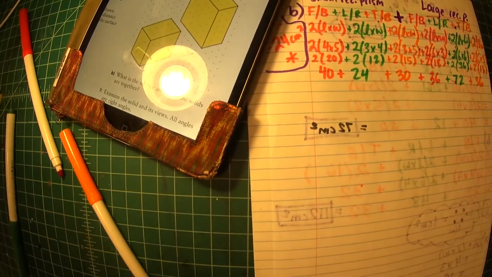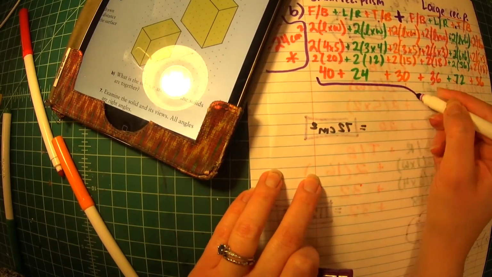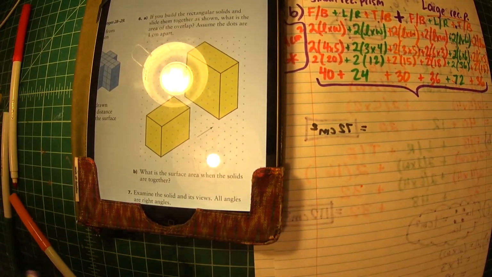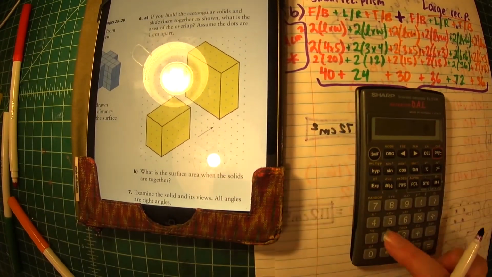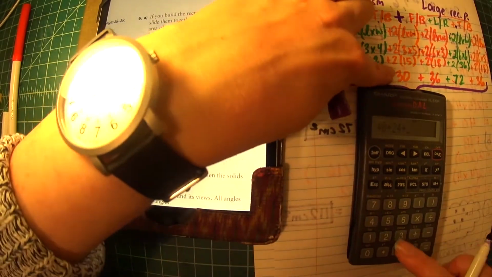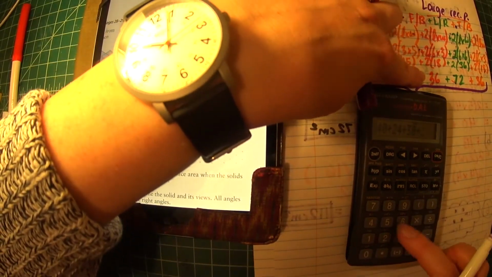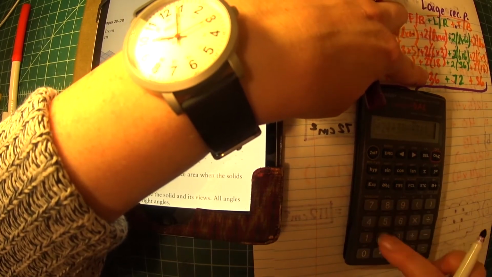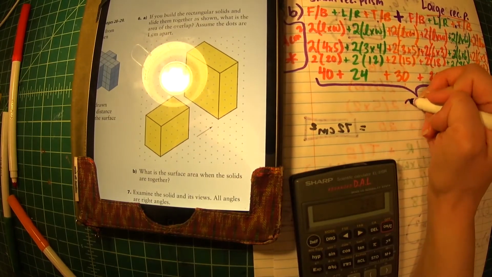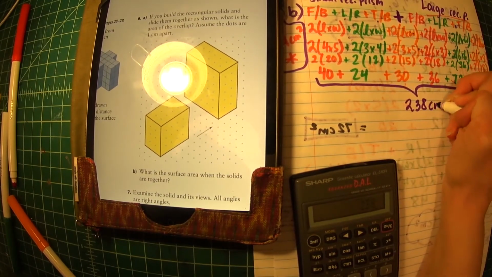So, whew, all together, 40 plus 24 plus 30 plus 36 plus 72 plus 36, 238 centimeters squared.